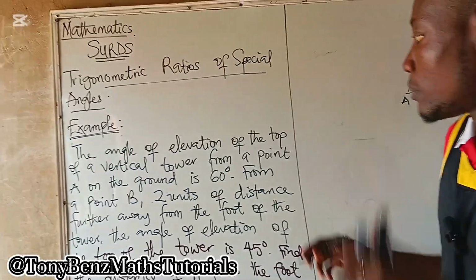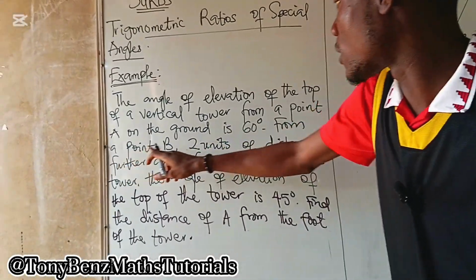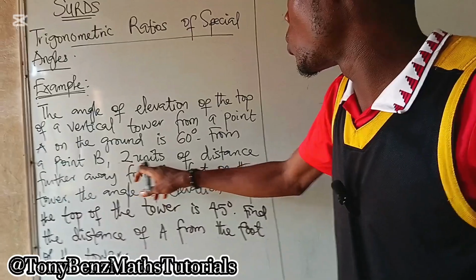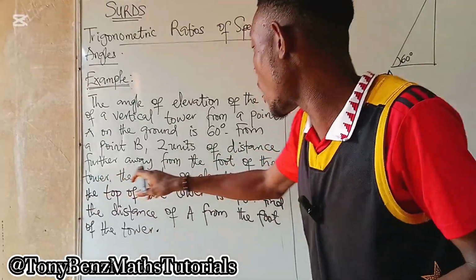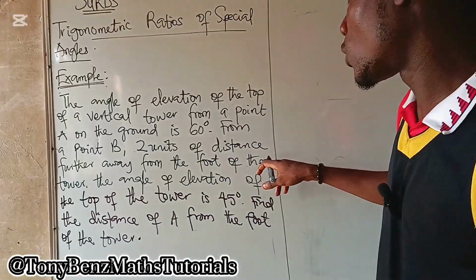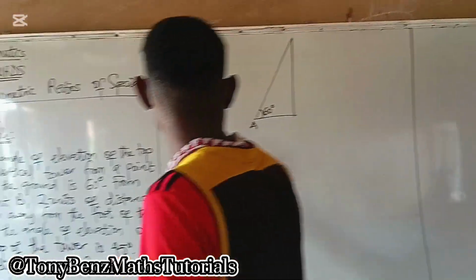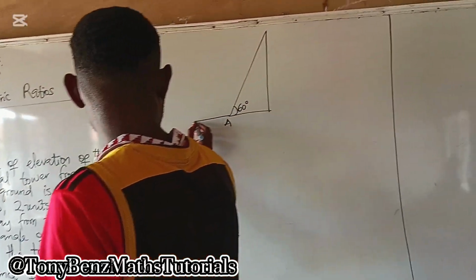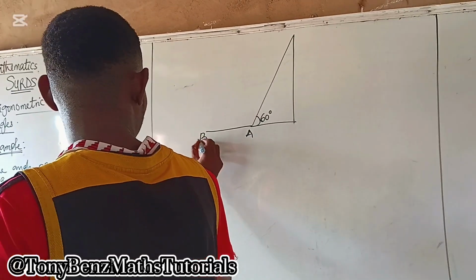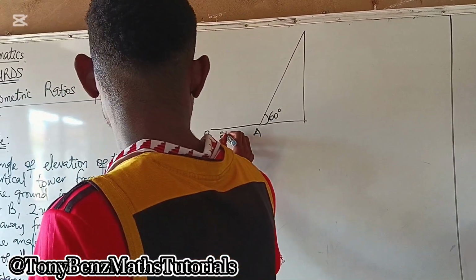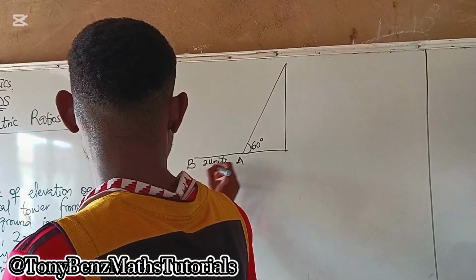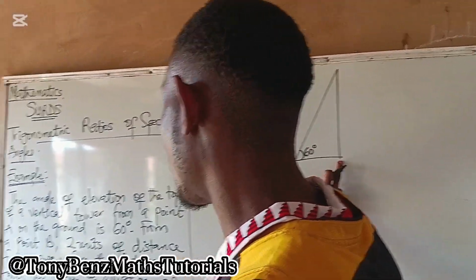So, from a point B, 2 units of distance further away from the foot of the tower, we are going to move to another point B, 2 units from the foot of the tower.